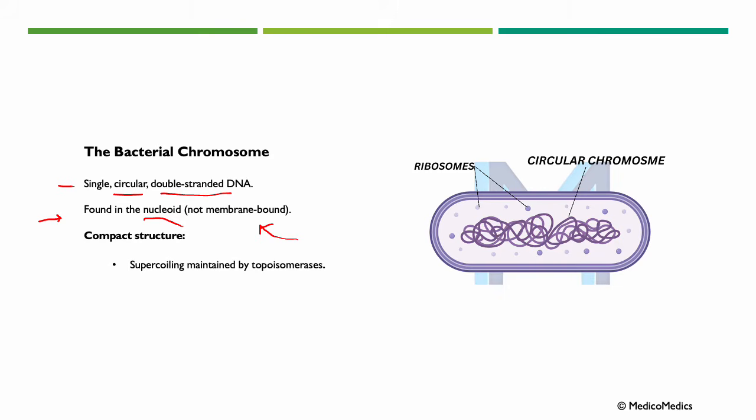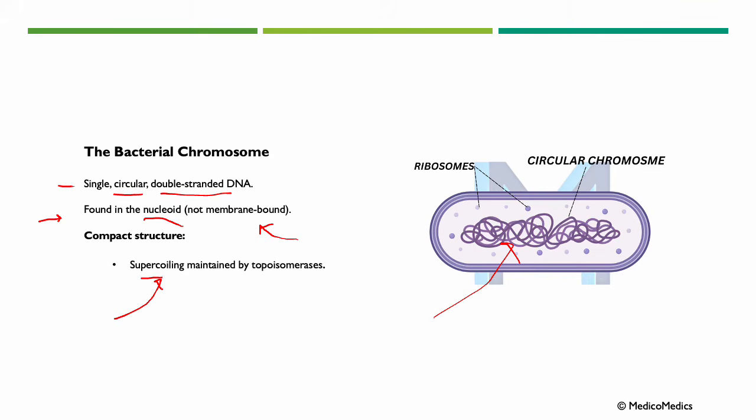Now, since the chromosome is actually quite large relative to the bacterial cell itself, it is very tightly packed. Supercoiling is the primary method of this compaction, ensuring that the chromosome fits within this small cell.